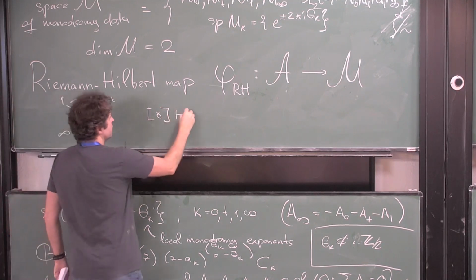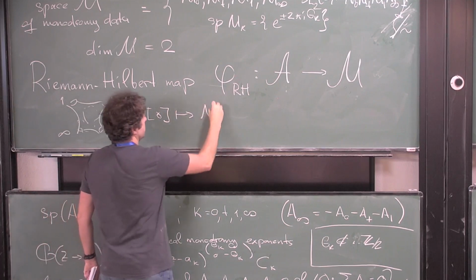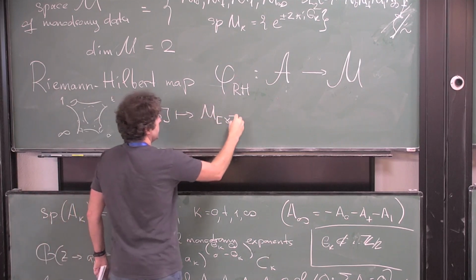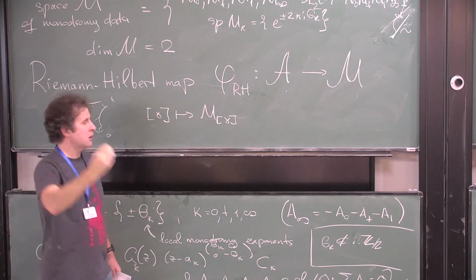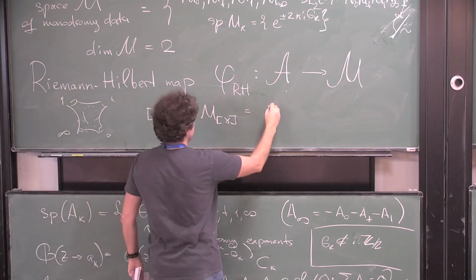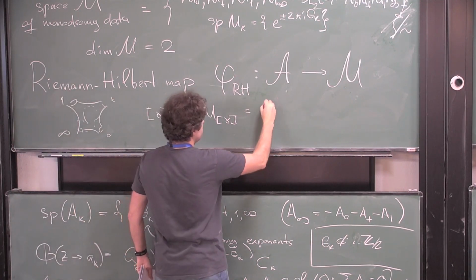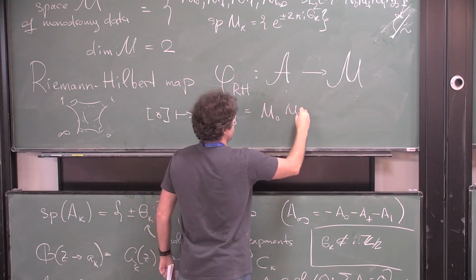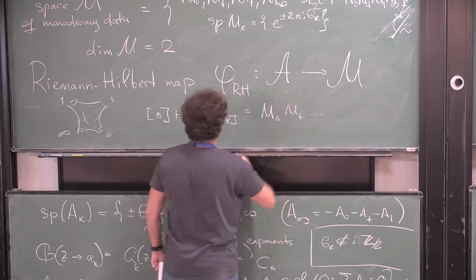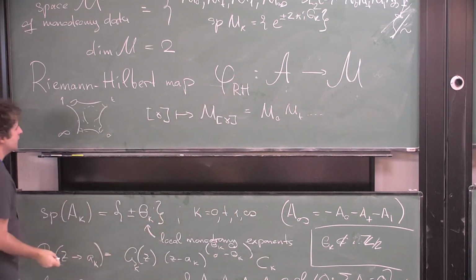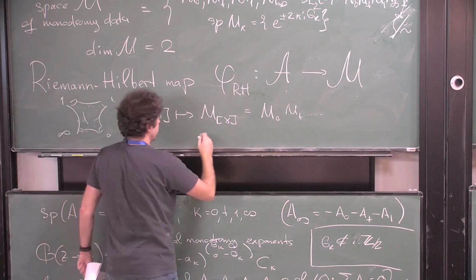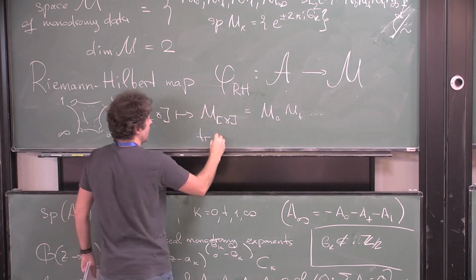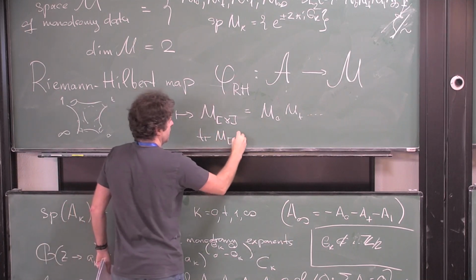To this closed loop, we can associate a monodromy matrix M gamma, which will be a product of various powers of M0, Mt, M1, and so on. And so the trace function is basically obtained by taking the trace of M gamma.